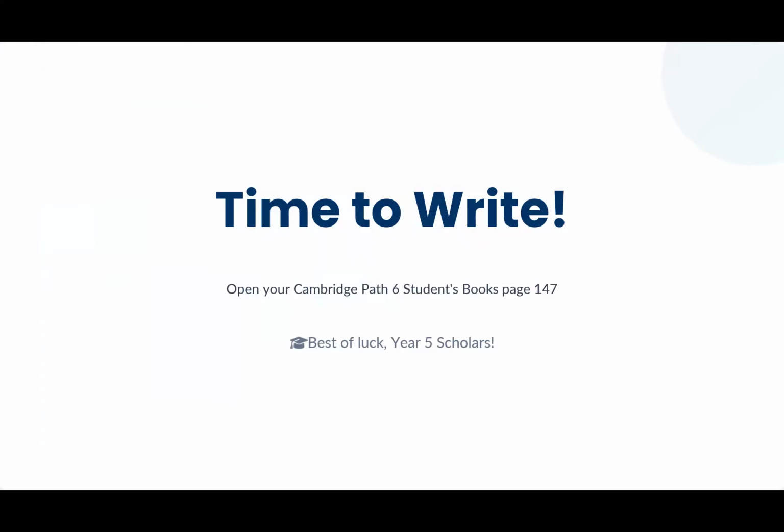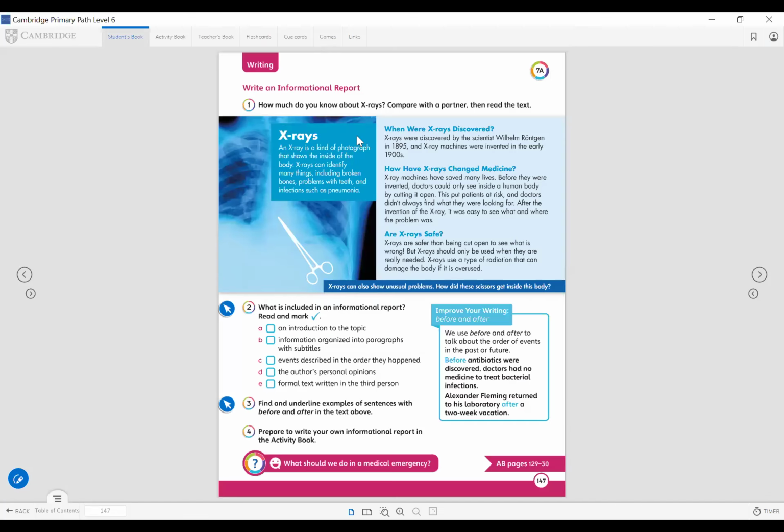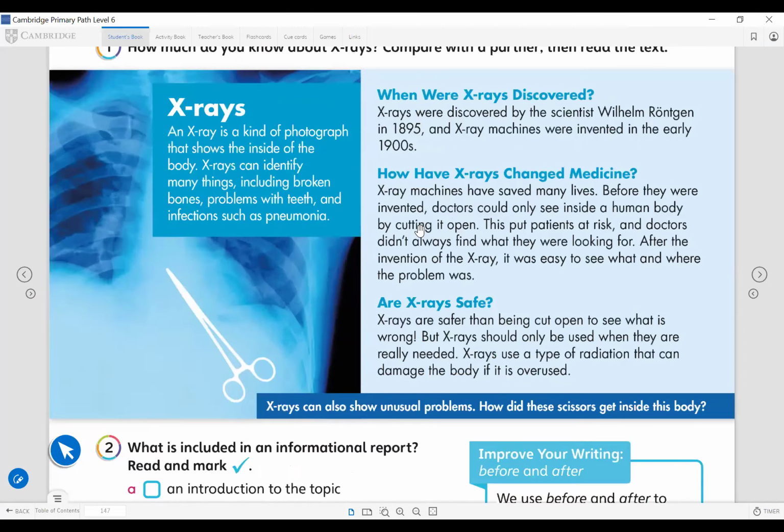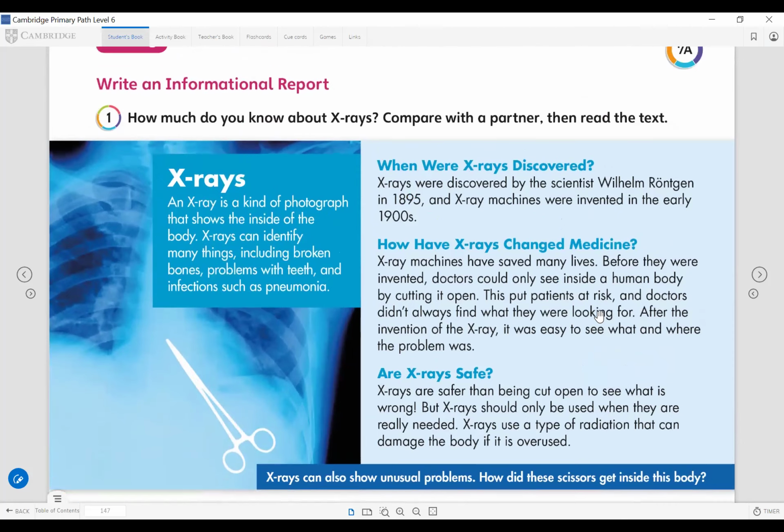Time to write. Open your Cambridge Path 6 Students Book, page 147. Let's move there. As we can see here, we have an informational report about X-rays.